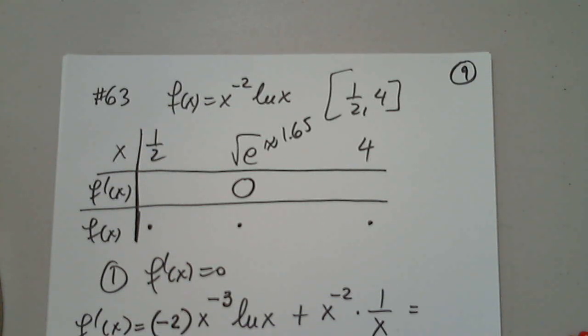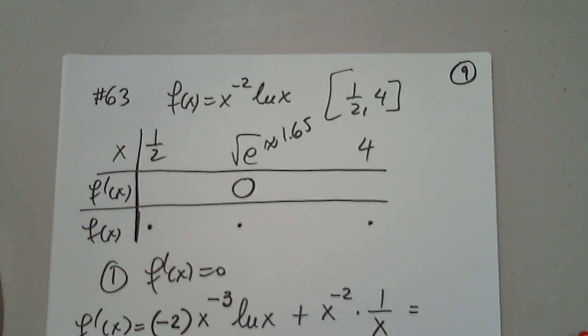Clear everything. And we have x to the power -2, multiplied by natural log x. And I need 3 values. I need 0.5. I need e to the power 1/2.